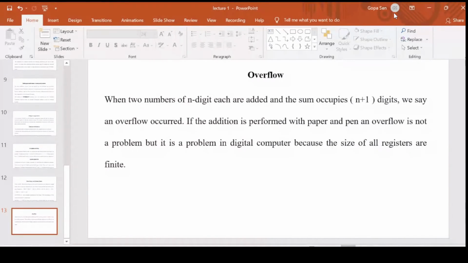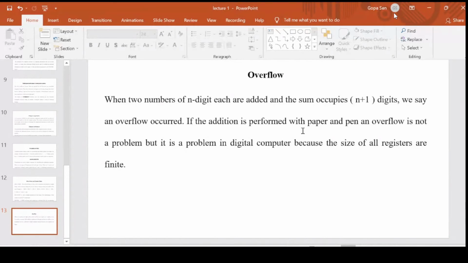Now if we add two numbers of n digits, it may happen that the result is n plus 1 bit. In that case, where will the result be stored, since your storing location has size n bit? So 1 bit will be lost and the result will be erroneous. In that case, we say an overflow occurred.